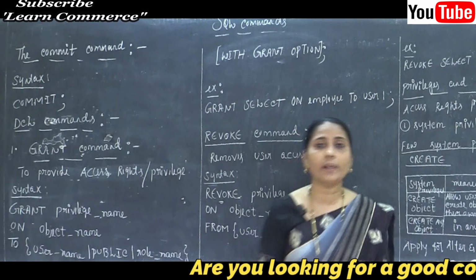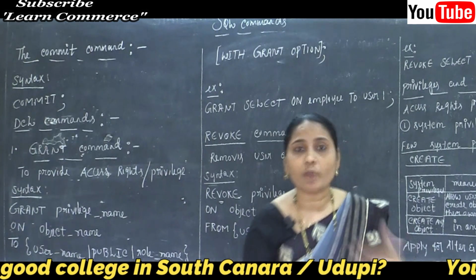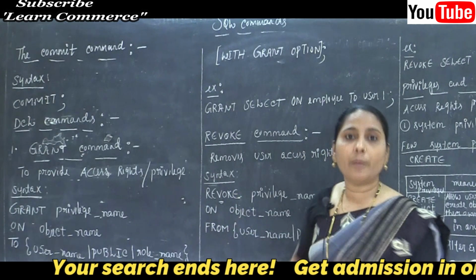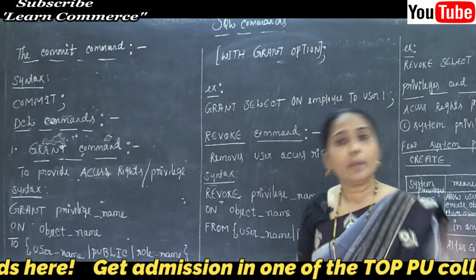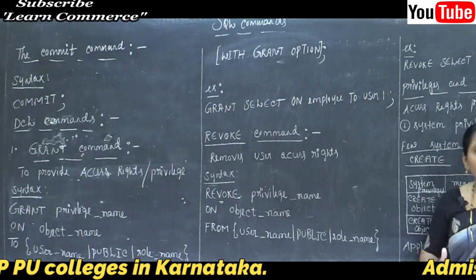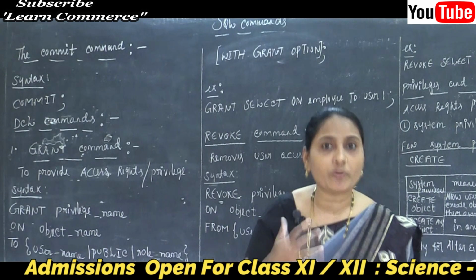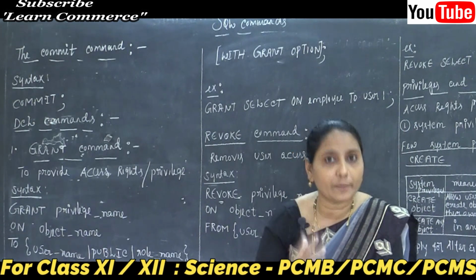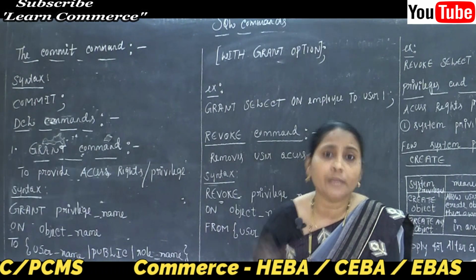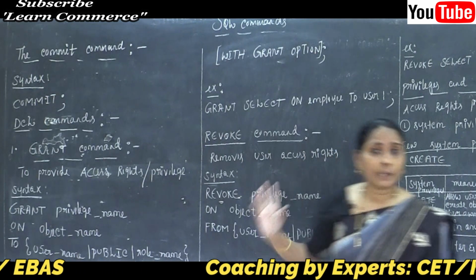Whatever you want to perform using SQL, maybe creation of a table, altering a table, dropping a table, or updating a table, first of all we need to take permission. Clear on this point? Such permission is taken by the user from the owner of the database object.